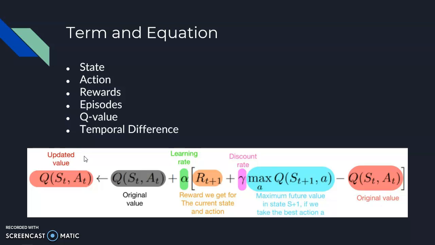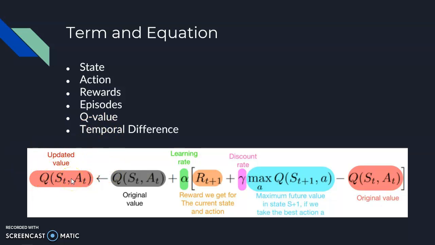The maximum ideal value will be obtained in the optimal state. To know about the equation, the state is defined by the letter S and the action by the letter A, and the Q value is written with Q including S, the state, and A, the action.